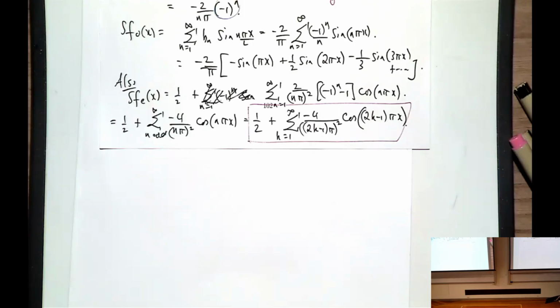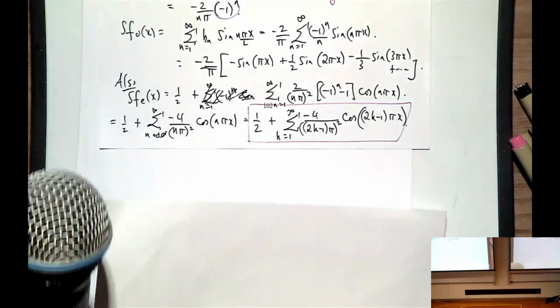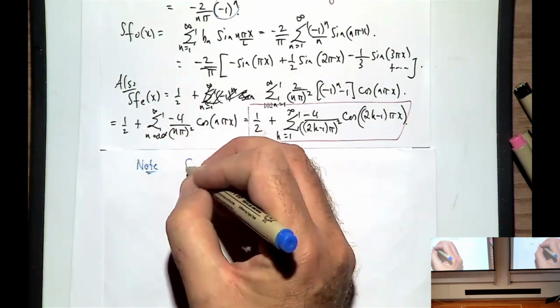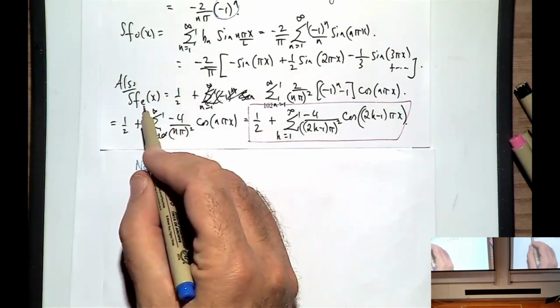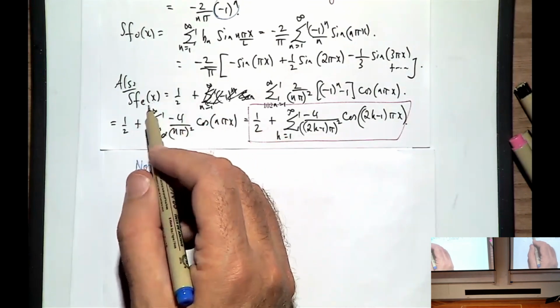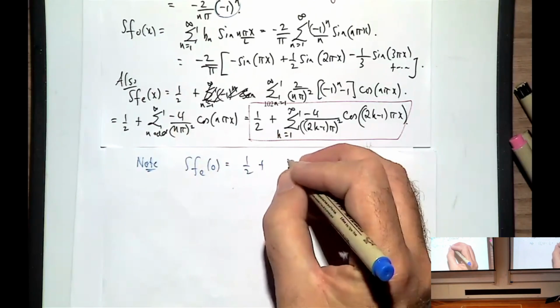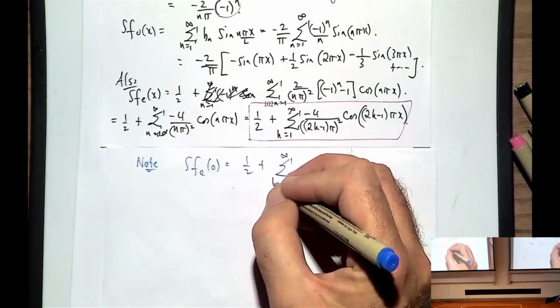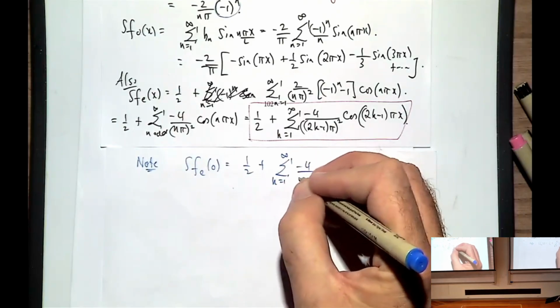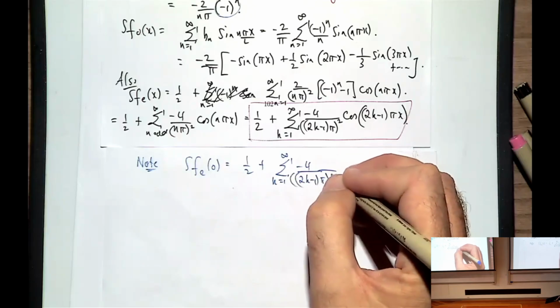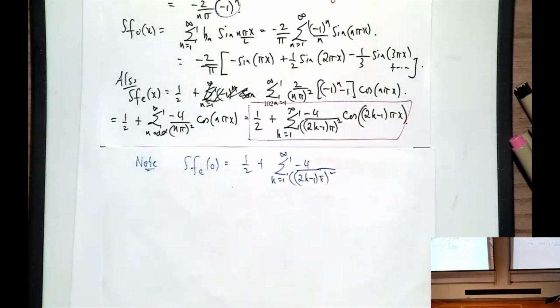How can I do this? So let's go with the even extension Fourier series at x equals 0. Okay, so we can simplify that sum by taking the negative sign out.